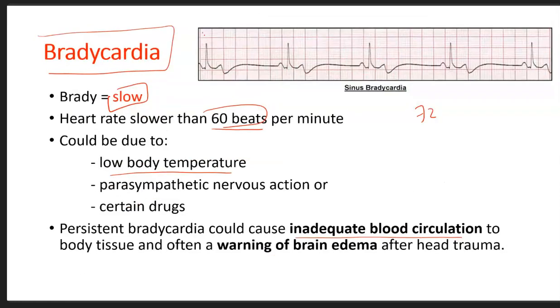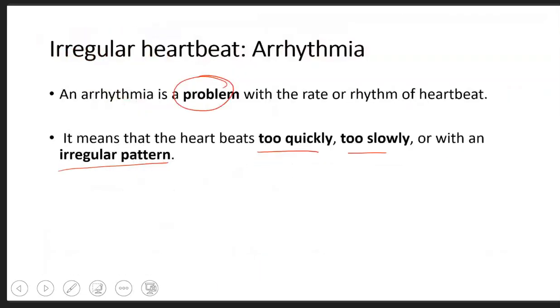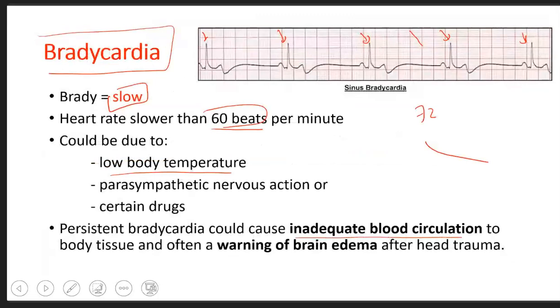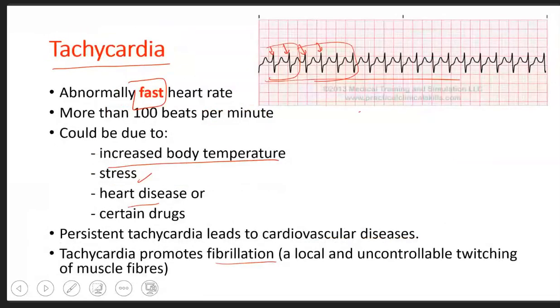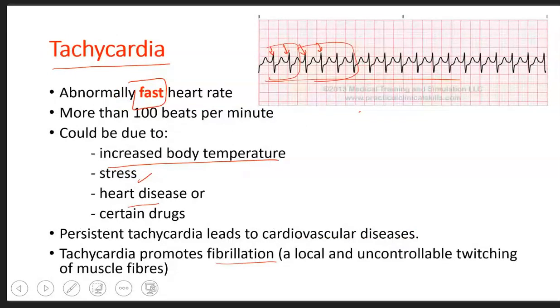Kalau ini nampak jarak sangat. Jarak-jarak kan. Okay, so that is irregular pattern of the heartbeat. So we have bradycardia and also tachycardia. Brady is slower heart rate, tachycardia is faster heart rate.